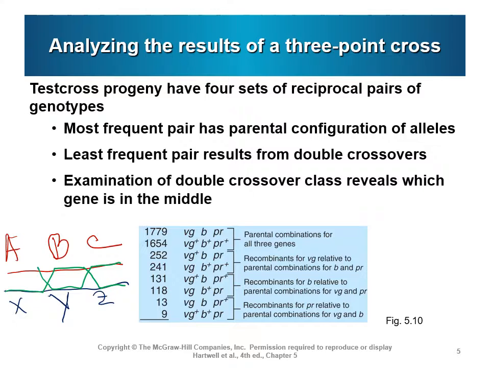So we end up having A, Y, C, and X, B, Z, which means whichever gene is in the middle is being flipped.